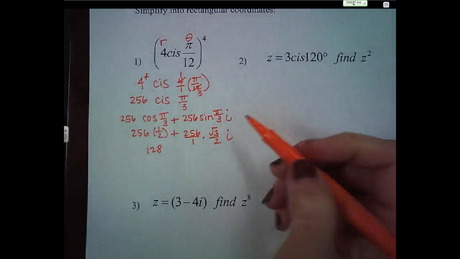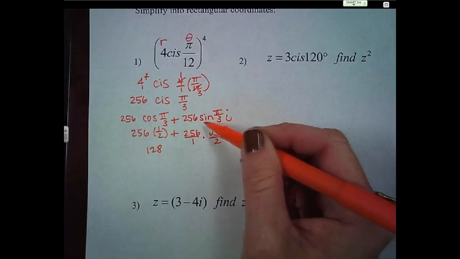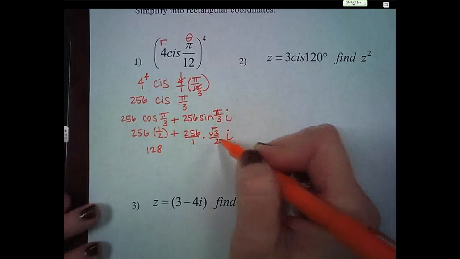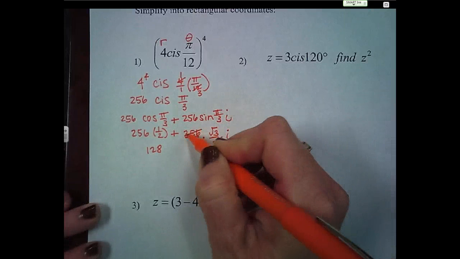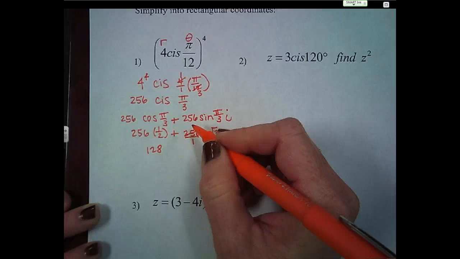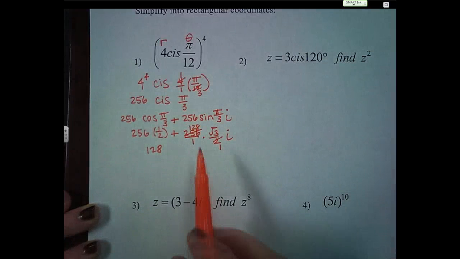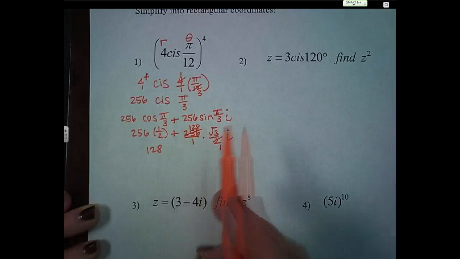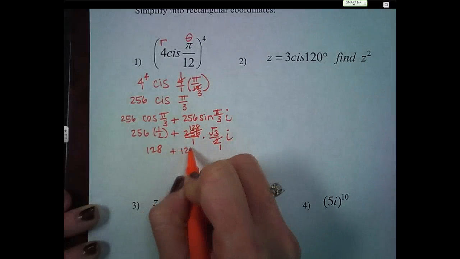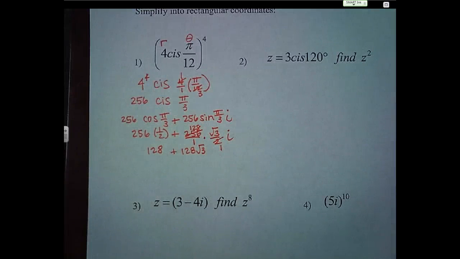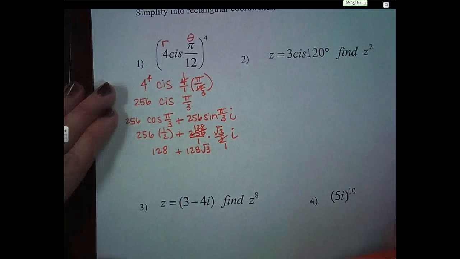Does this fraction reduce at all? You can't do it with the calculator because it has a radical, so you do it by hand. This becomes a 1, and this becomes a 128. I just reduced it. So on the top, I have 128 times root 3, so plus 128 times root 3. And don't forget about what on the end? The i.